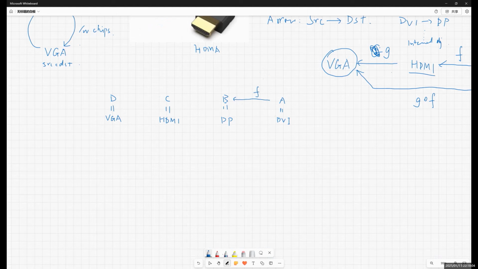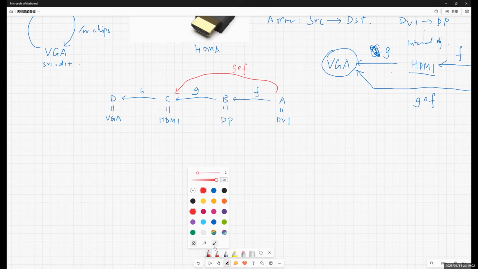The composition has different paths. Let's use different colors to distinguish them. If we composite G and F, we have G and F here. The composition has an input DVI and output HDMI.